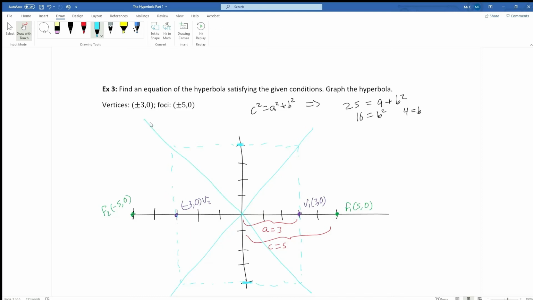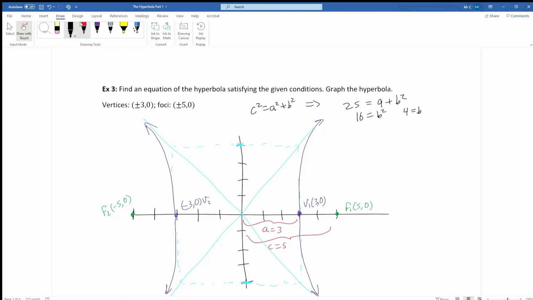So I've plotted my fundamental rectangle and my asymptotes. It doesn't ask me for the details on them, so I'm not going to bother writing them down, but I'll draw out my hyperbola here in purple, right, curving outwards towards my asymptotes. The picture's not perfect, but it's close enough.